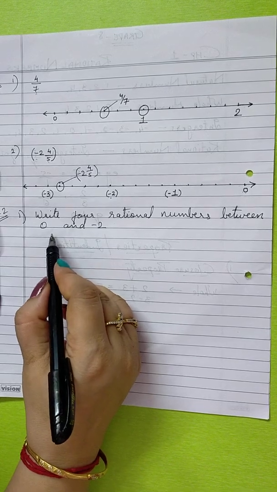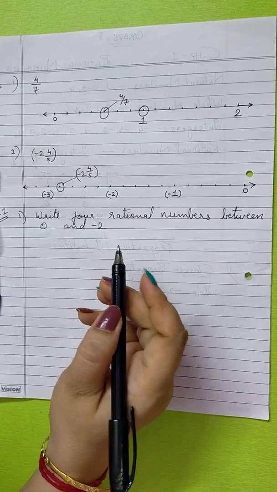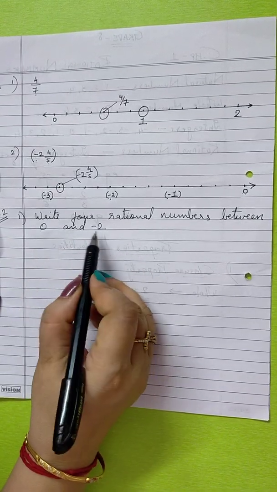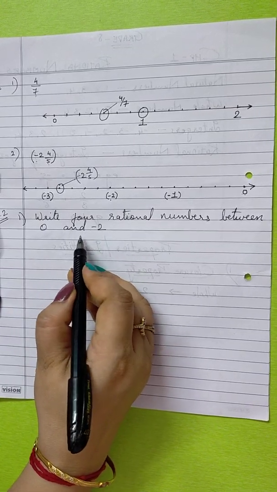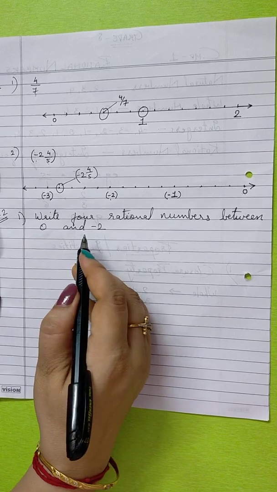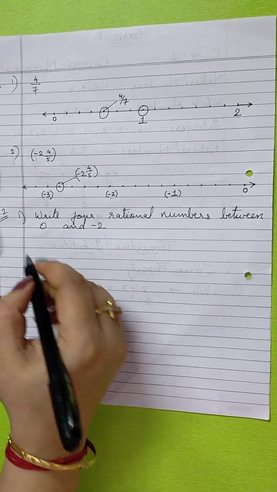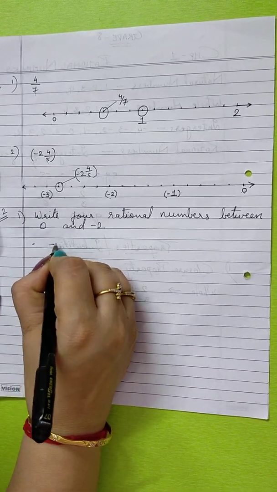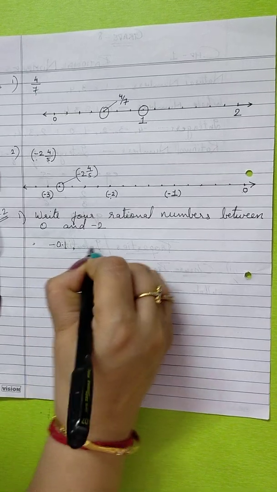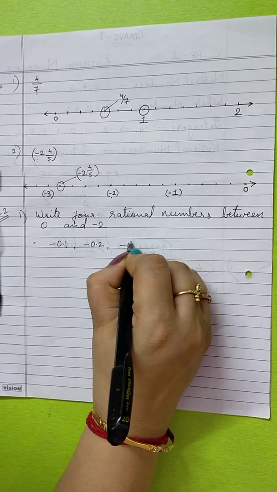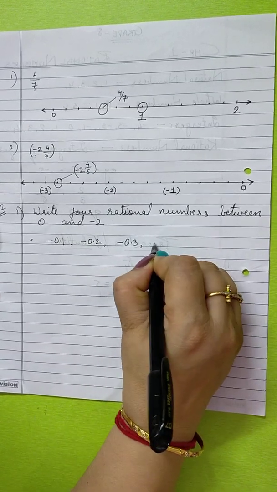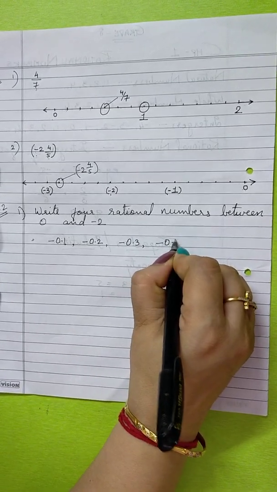Now when you are writing 4 rational numbers between 0 and minus 2, these given numbers are integers. So writing rational numbers between these two numbers is very easy. You can just write minus 0.1, minus 0.2, minus 0.3 and minus 0.4.